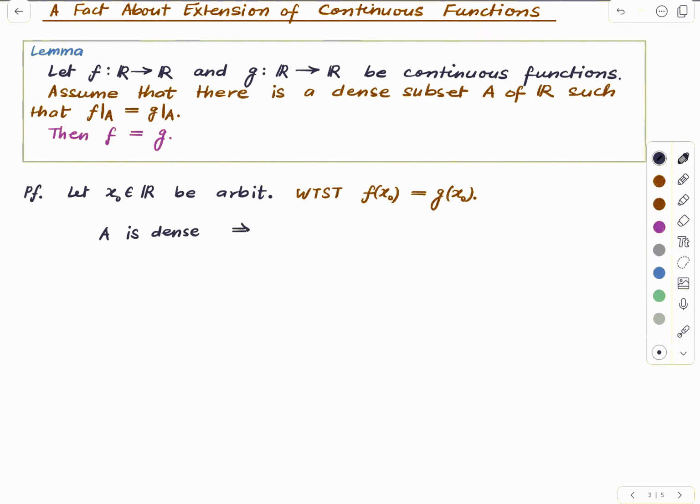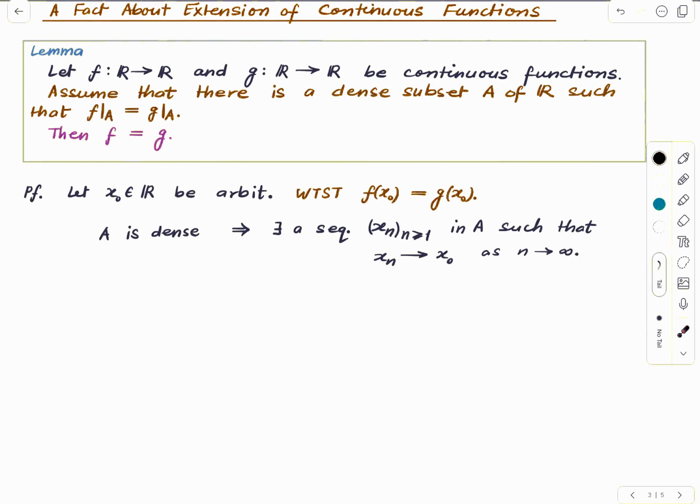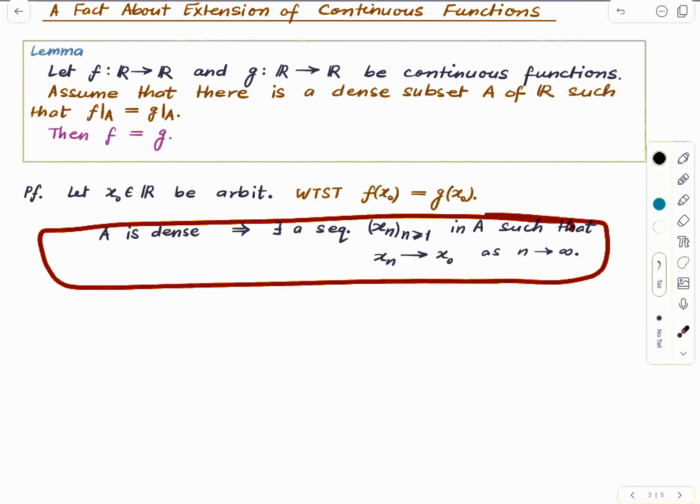there exists a sequence x n in A such that this thing converges to the point x naught. So why is this? If you have a dense set, then one way to see it is that its closure is the entire set of reals, and that implies this. Or you could give a more hands-on basic argument.